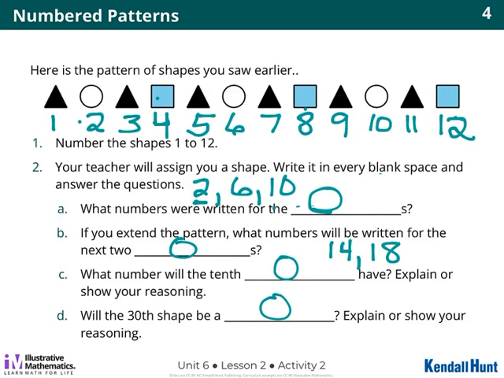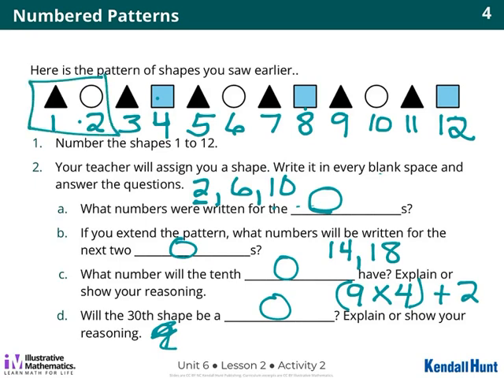They did 9 times 4 plus 2. Okay, let me break this apart for you. The plus 2 is because you always have to add 2, because the circle is the second shape.